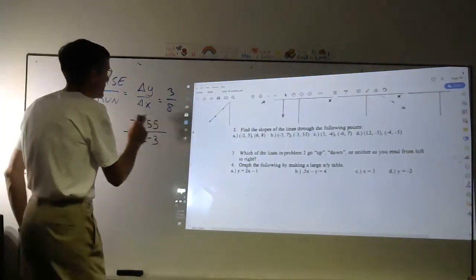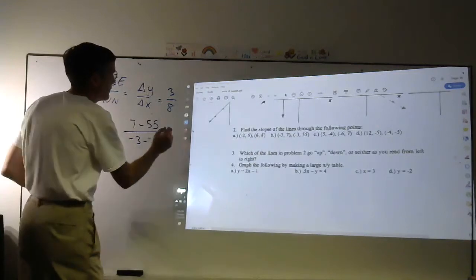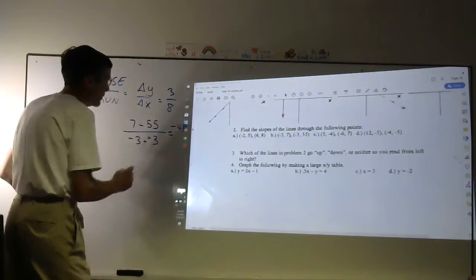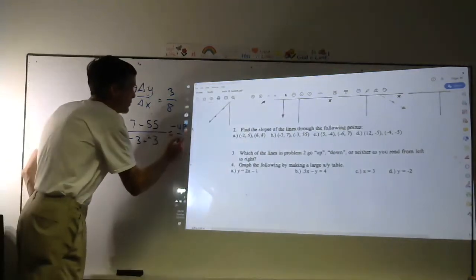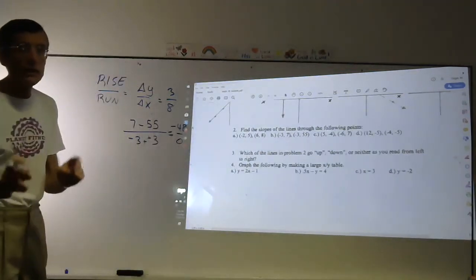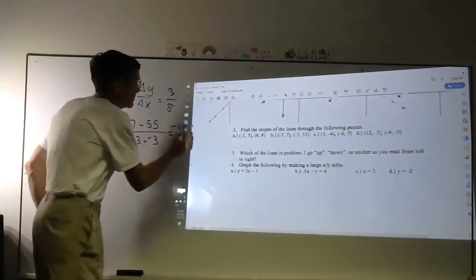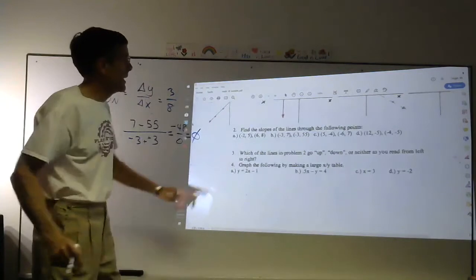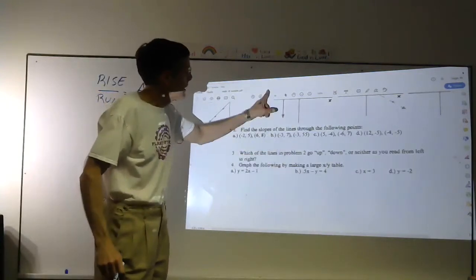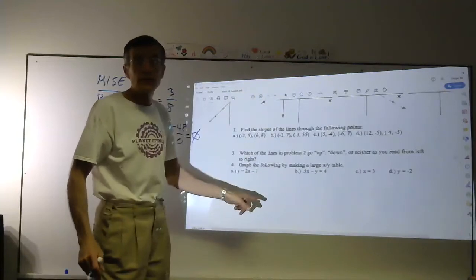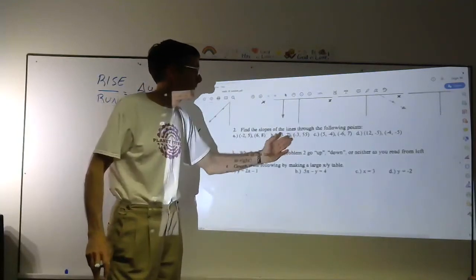Okay? 7 minus 55, subtract, give it the sign of the biggest, -48. -3 minus -3, kill those two negatives, that's 0. You cannot divide by 0. No slope. By the way, I should have known that. If you go back 3 and up 7 and back 3 and up 55, isn't that a vertical line? I could have saved myself some work, right?